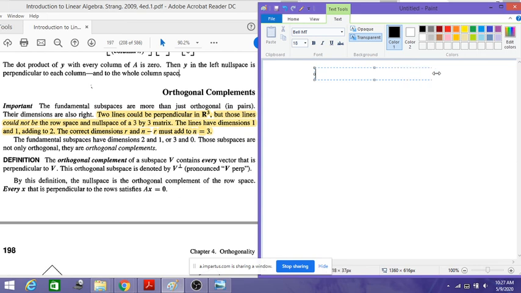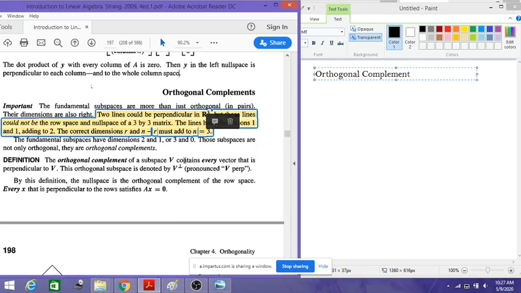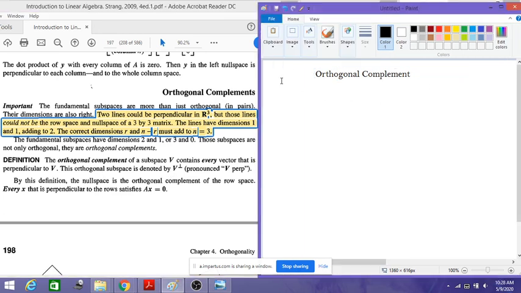Let me write the heading here. The definition of orthogonal complement goes like this: the orthogonal complement of a subspace V contains every vector that is perpendicular to V. This orthogonal subspace is denoted as V perpendicular. Let me write the definition here.